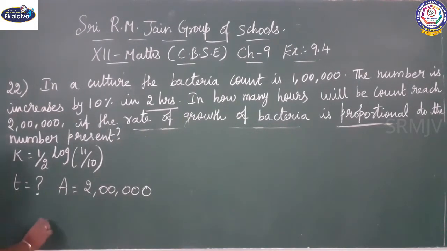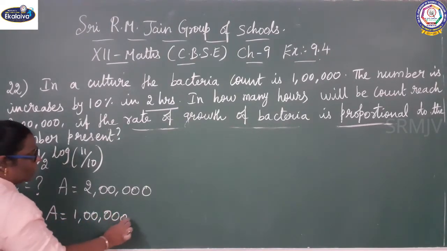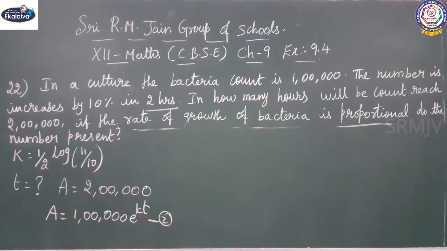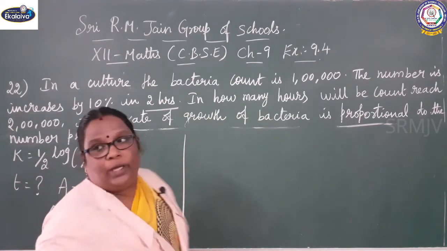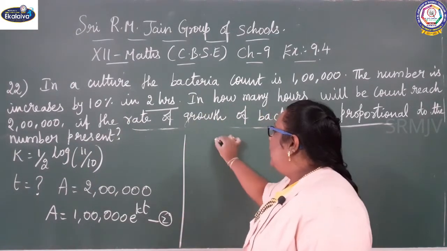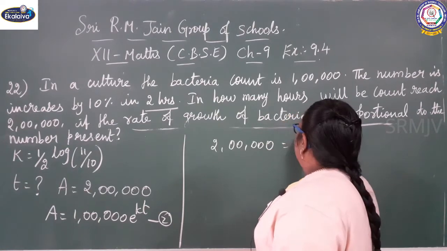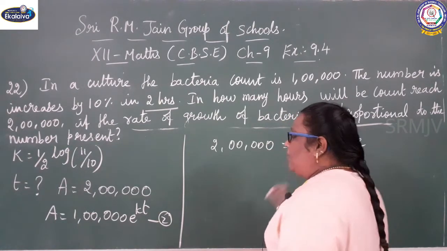You can substitute in this equation A equal to 1 lakh e power kt. A value is 2 lakhs and you should find out the value of t also. So 2 lakh equal to 1 lakh e power kt.